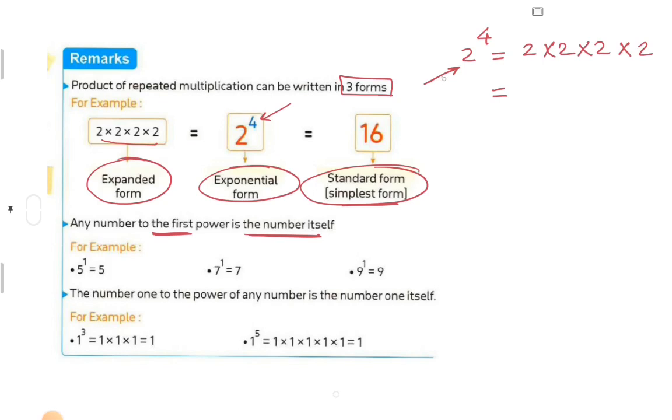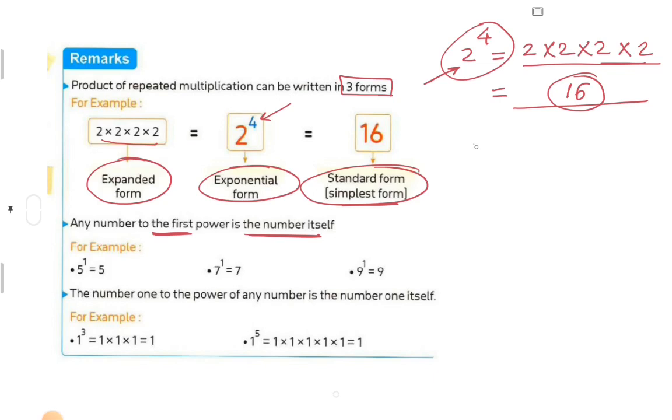So what is the product, or simplest form? 2 by 2 equals 4. 4 by 2 equals 8. 8 by 2 equals 16. So 16 is the simplest form, 2 by 2 by 2 by 2 is the expanded form, and 2 power 4 is the exponential form.